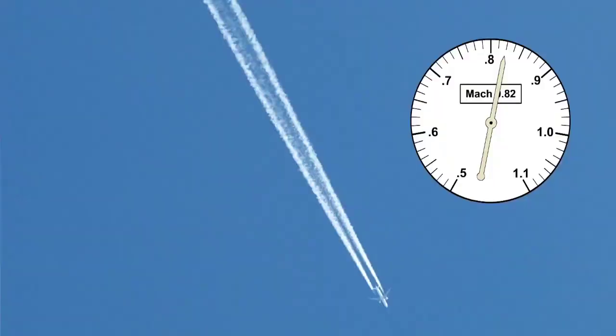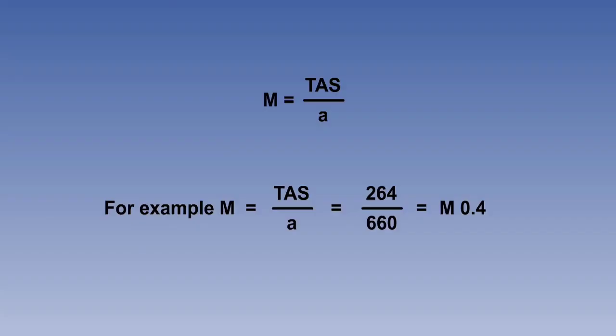At high true air speeds and/or high altitudes, it is essential for the pilot to know his speed relative to the local speed of sound. This relationship is called the Mach number, symbolized by a capital M. The formula for Mach number is TAS divided by a, the local speed of sound.